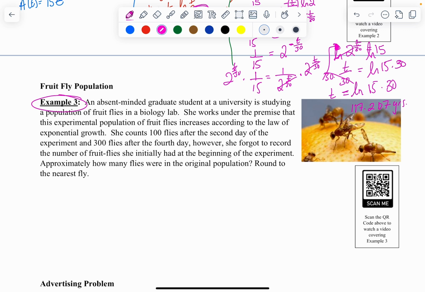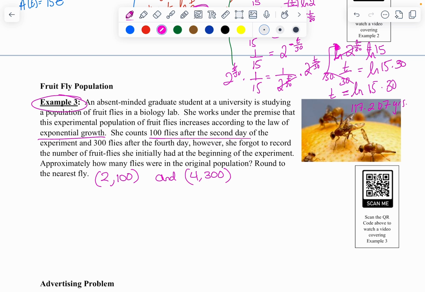She works under a promise that this experiment population of fruit flies increases according to the law of exponential growth. She counts 100 fruit flies after the second day. So we know that when t is equal to 2, you got 100 fruit flies of the experiment, and 300 fruit flies on the 4th day. So when t is equal to 4, you got 300 fruit flies.